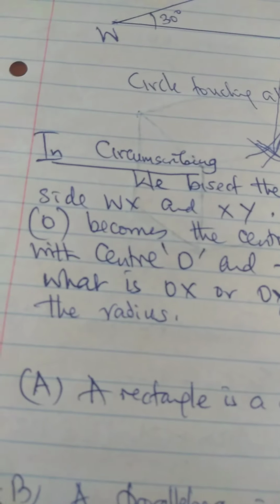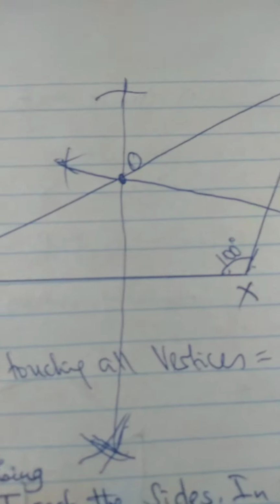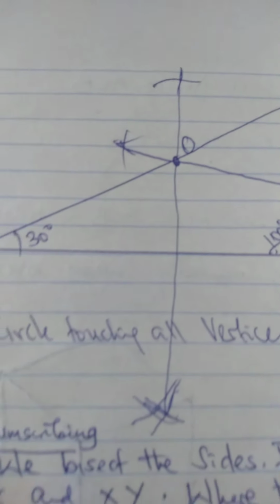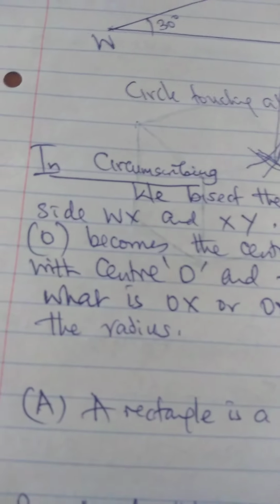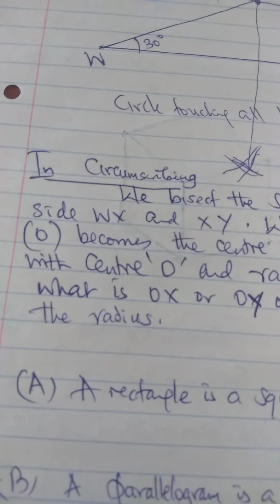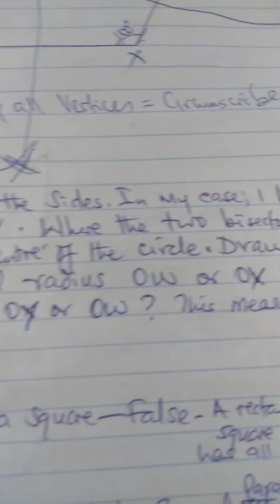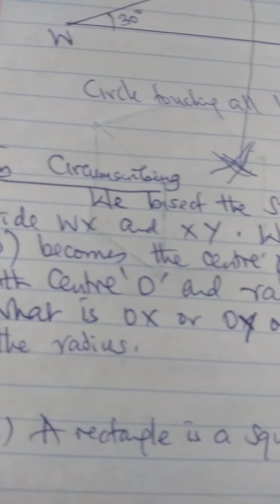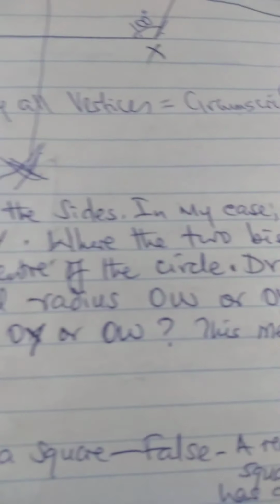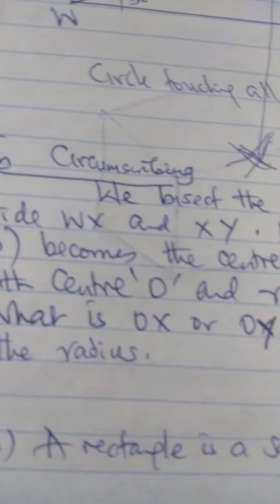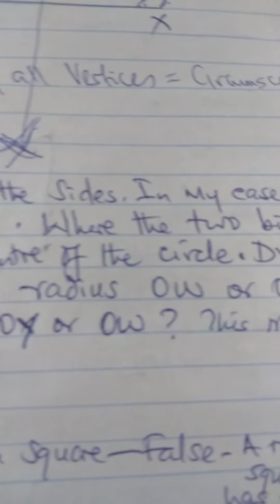Where the two bisectors meet, O becomes the center of the circle.